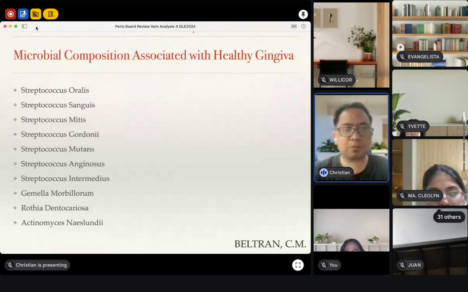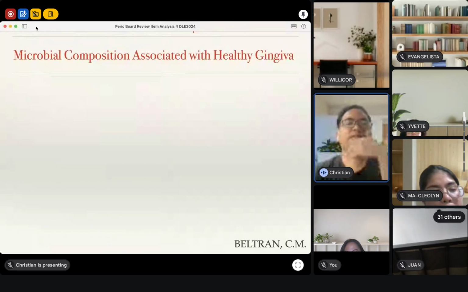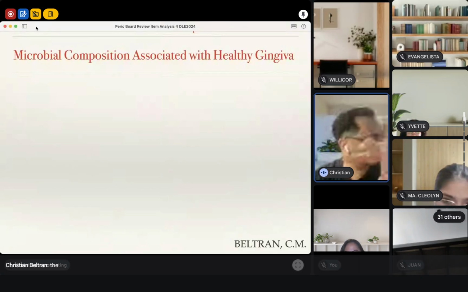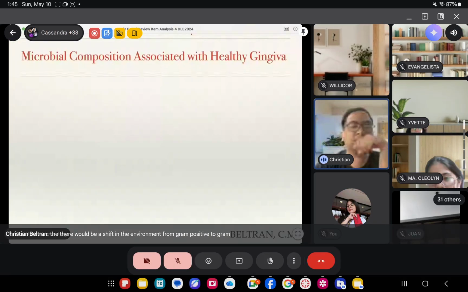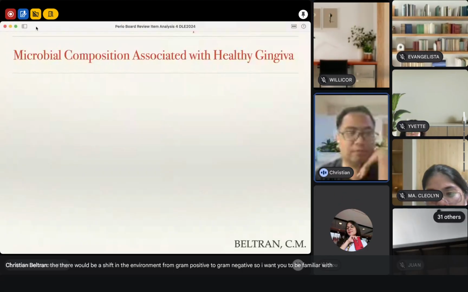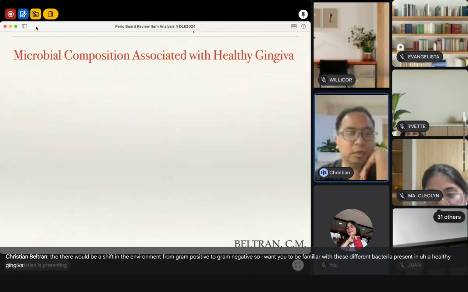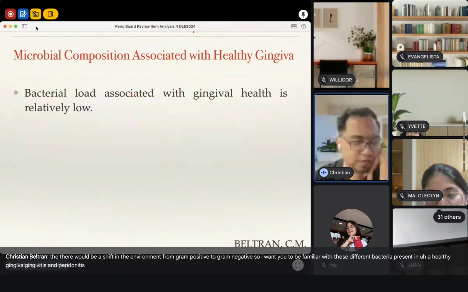So as plaque matures, there would be a shift in the environment from gram positive to gram negative. So I want you to be familiar with these different bacteria present in a healthy gingiva, gingivitis, and periodontitis.